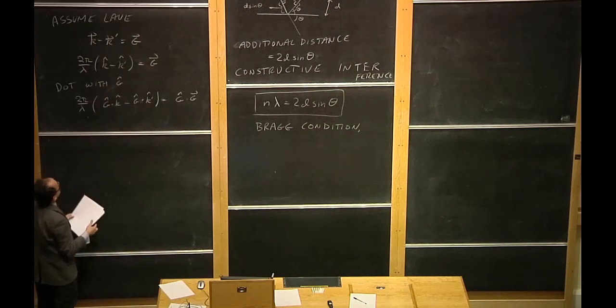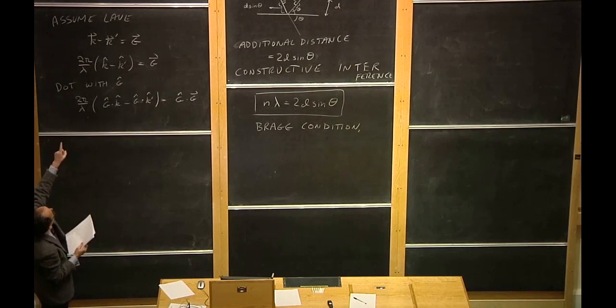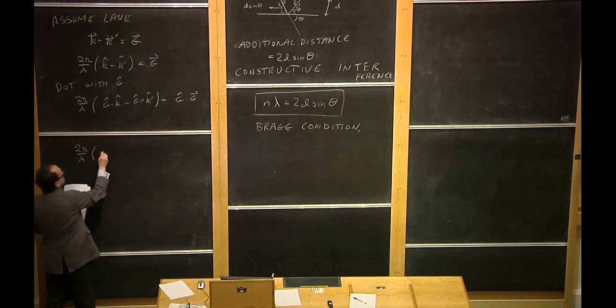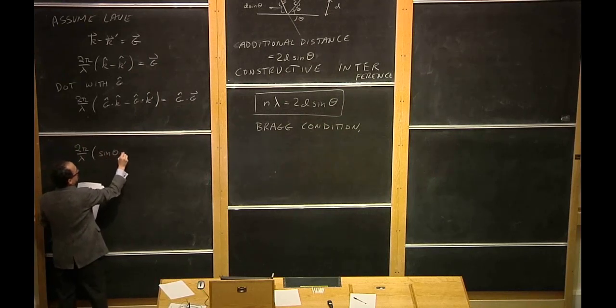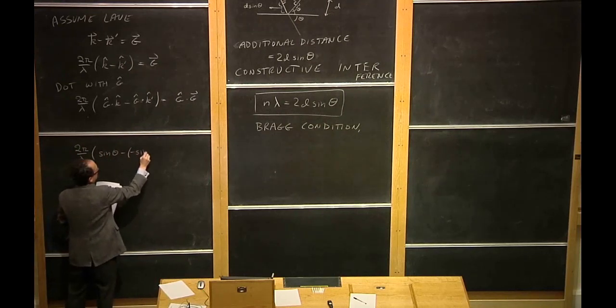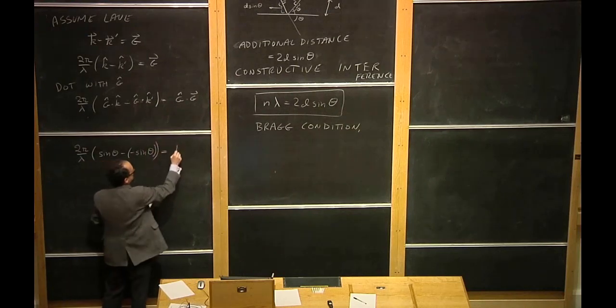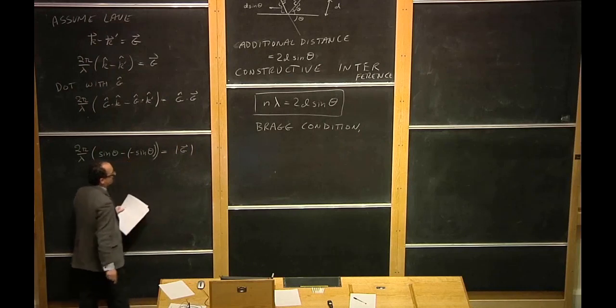Okay, then we'll substitute in. We just had that g hat dot k hat is sine theta, so we'll substitute that in. So we get 2 pi over lambda. So this is sine theta here. The second term is minus sine theta. And then g hat dot G vector is just the absolute value of G vector.